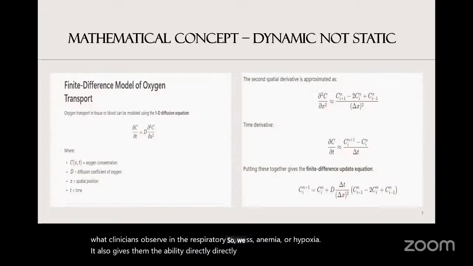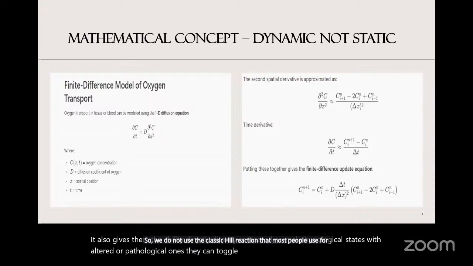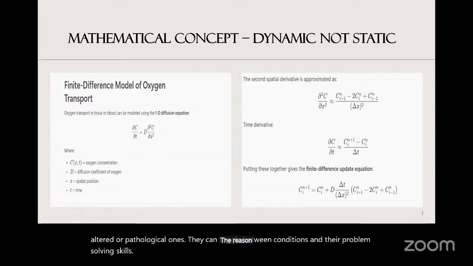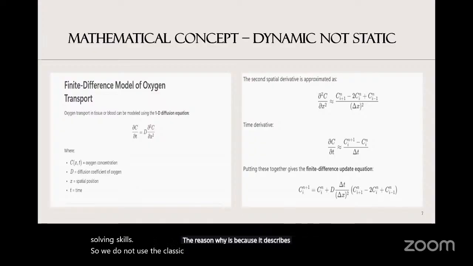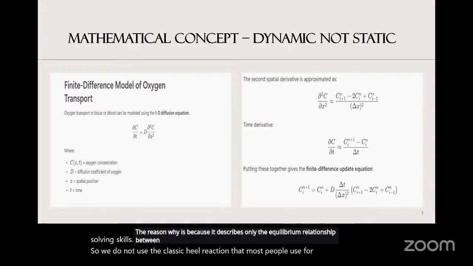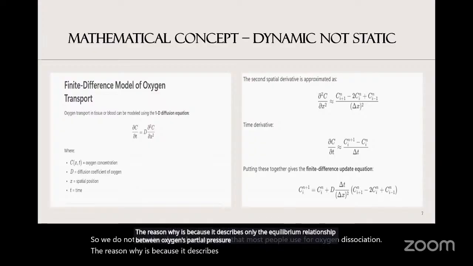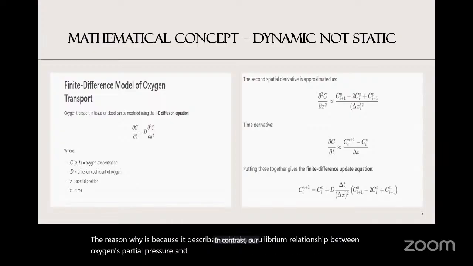So we do not use the classic Hill reaction that most people use for oxygen dissociation. The reason is that it describes only the equilibrium relationship between oxygen's partial pressure and hemoglobin saturation. In contrast, our activity for this module models the dynamics of oxygen transport.